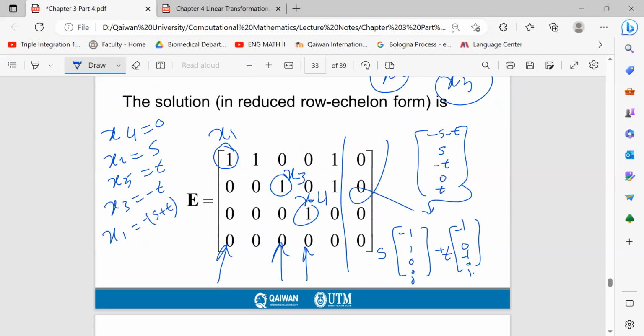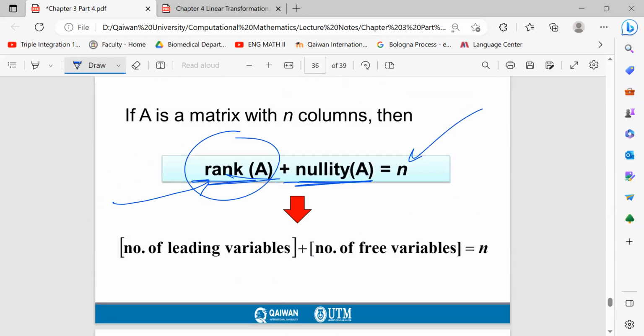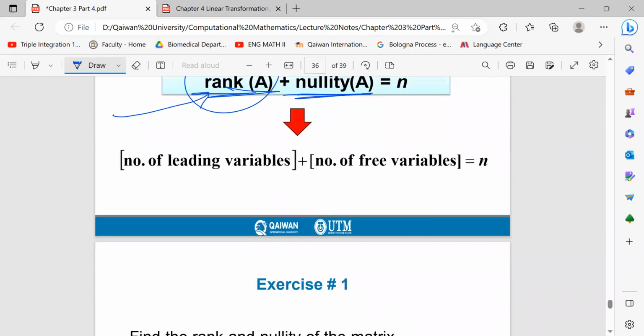The sum of these two is 5. So how many variables do you have here? 5. You have 5 columns. So the number of columns is the number of leading variables plus the number of free variables.